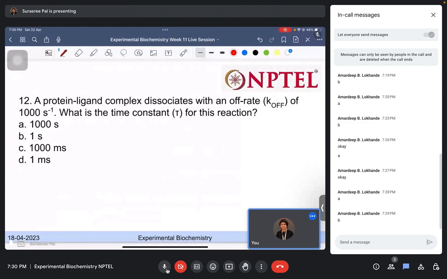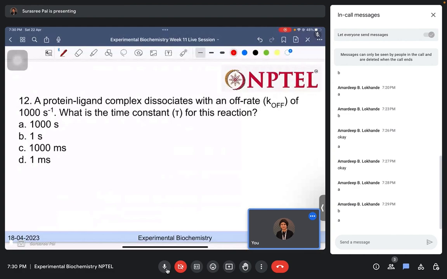So how can we calculate tau? Tau is 1 by k off. Tau is 1 by k off. This is 1 millisecond.